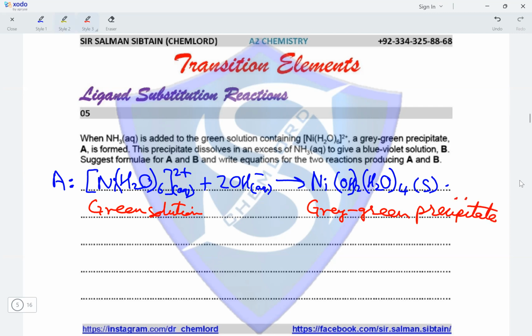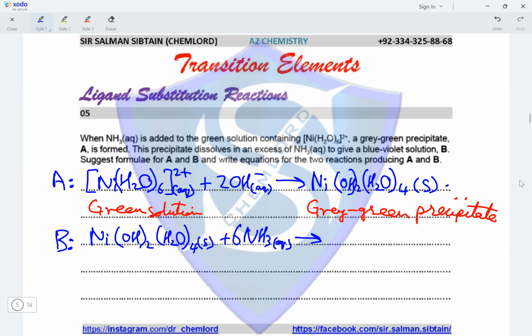Next, we have formation of B. And here we have added ammonia in excess. So addition of ammonia in excess would mean that Ni(OH)2(H2O)4 solid reacts with 6 moles of ammonia ligands.